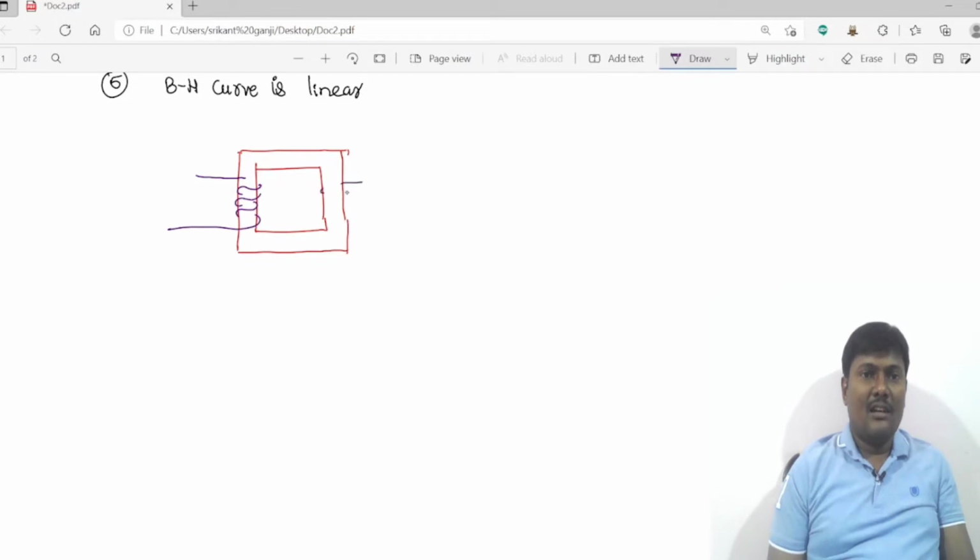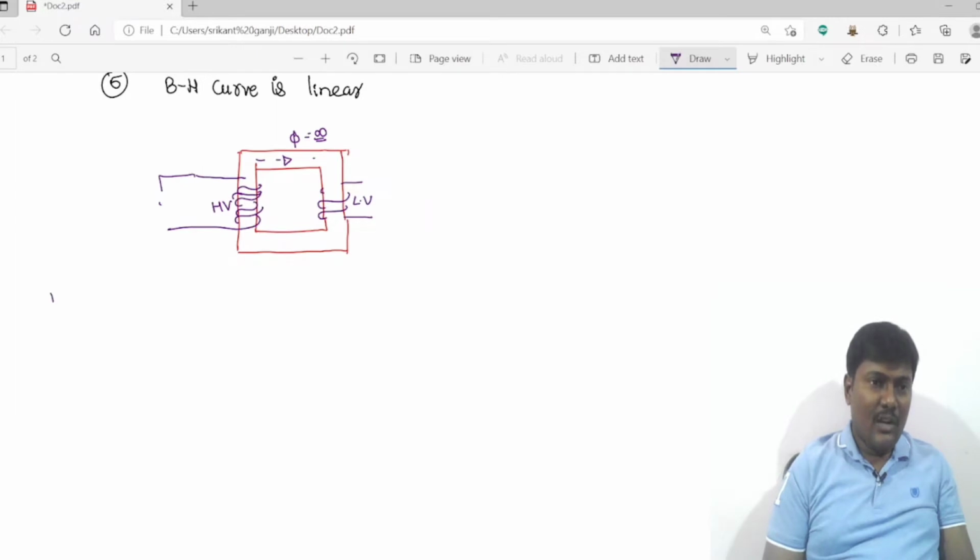This is the high voltage winding, HV winding, and this one is the LV winding. Without giving a supply, the flux will be produced infinitely. Is it possible? Not possible.